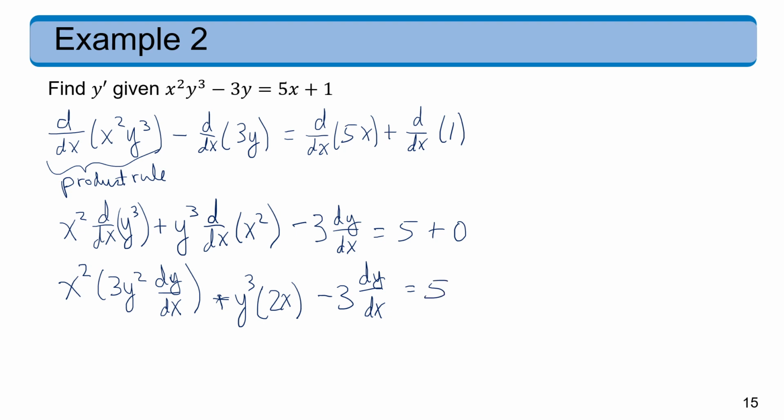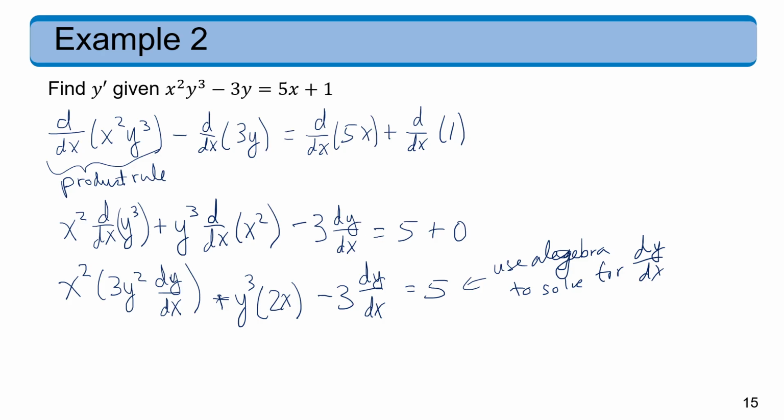The rest is algebra. So now we're going to use algebra to solve for dy dx. Okay. Now there are 2 terms that have dy dx in them. So in general, you want all the terms that have dy dx on the left and move everything else to the right.